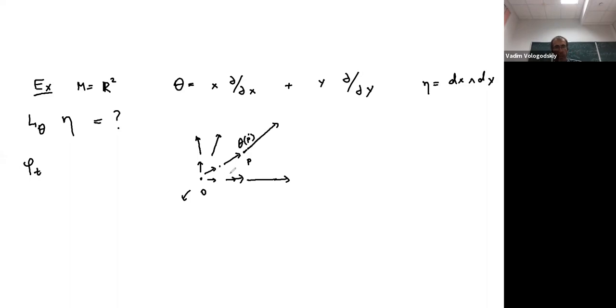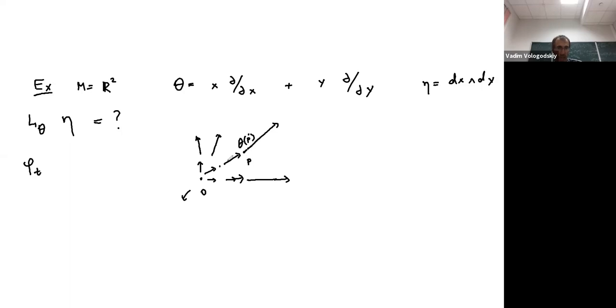Well, you see that this vector field is invariant under rotations. So in particular, the phi sub t is also going to be invariant under rotation. So if I can find the integral curve passing through points on the x-axis, then I can use the invariance to find the integral curves to all other points, right?